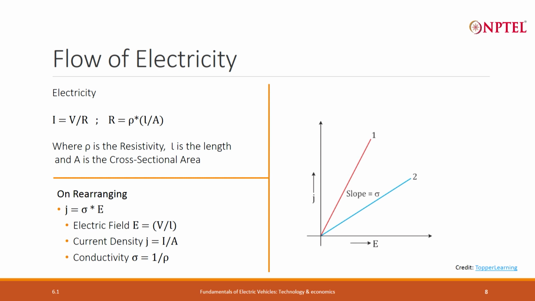Using this, if I were to plot J versus E for two different materials, the slope is the conductivity. Whichever material has a higher slope is a better conductor compared to the material with a lower slope. So, this is convenient when I want to compare material properties in terms of their conductivity, and we will be doing something like this for all the other flows that we will now be discussing.